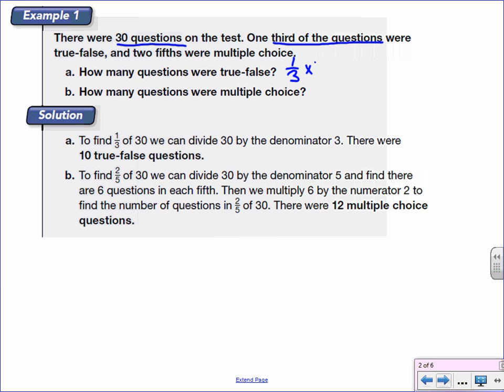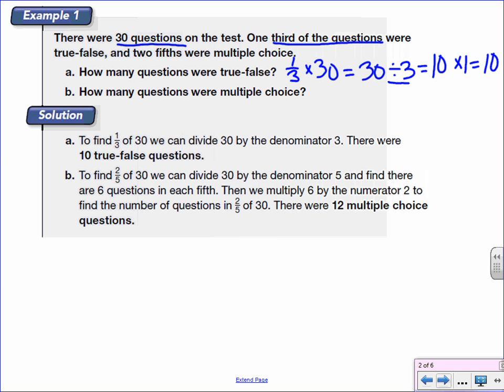times 30, remember, we can multiply by what's on the top and divide by what's on the bottom. So this could be 30 divided by 3, which is 10, and in this case the numerator is just 1, so that's going to give us 10 again.